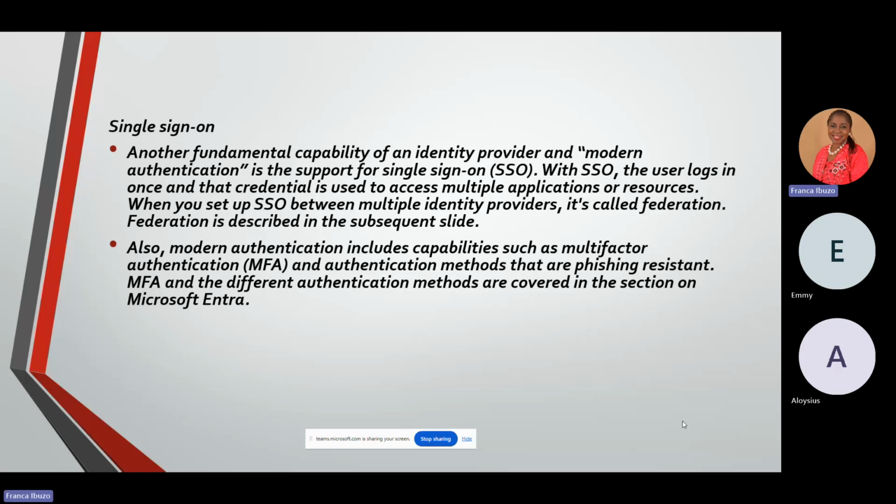So when you set up SSO between multiple identity providers, it's called federation. Please take notes. When you set up single sign-on between multiple identity providers, it's called federation.